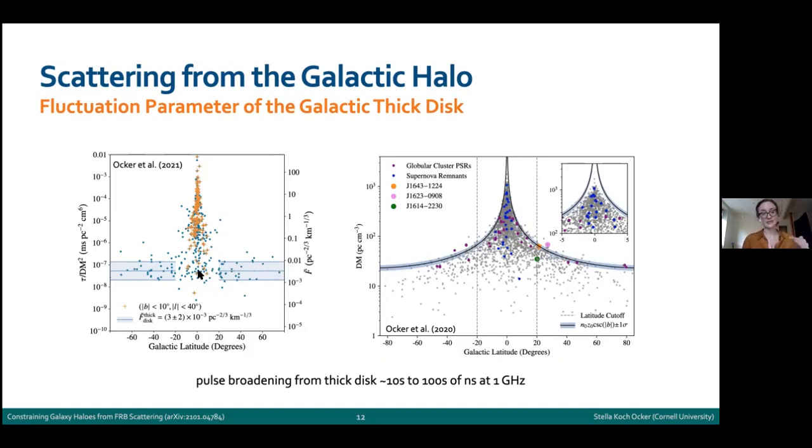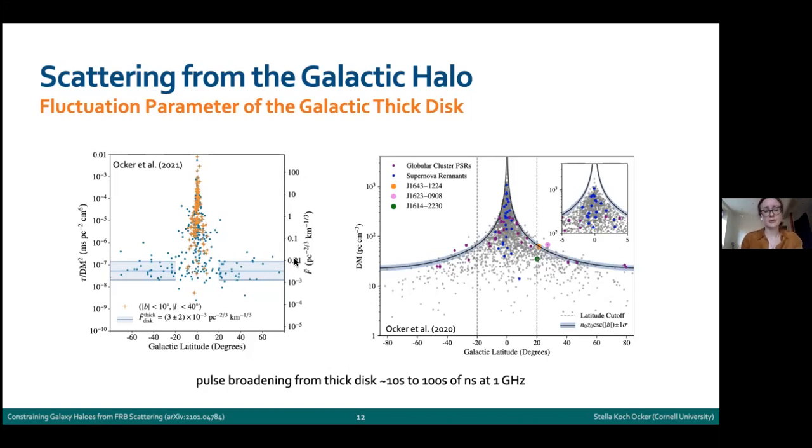Now you can also see that there's this orders of magnitude increase in F tilde as you move to lower latitudes, and in particular towards lines of sight through the inner galaxy, which are indicated in orange. This huge variation in the fluctuation parameter between different regions of the galaxy will come up later.